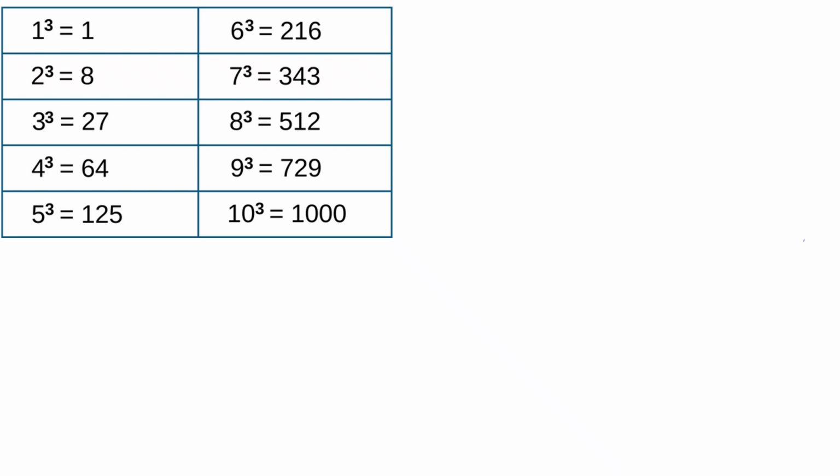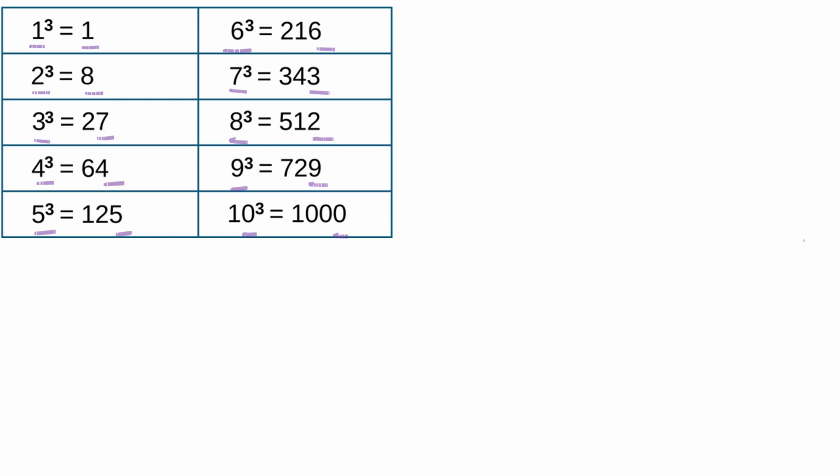Now from this table we have to take down a few important points. So what I'm doing is underlining the last digits of cubes and their cube roots. So here 1 and 1, 2 and 8, 3 and 7, 4 and 4, 5 and 5, 6 and 6, 7 and 3, 8 and 2, 9 and 9, 0 and 0.